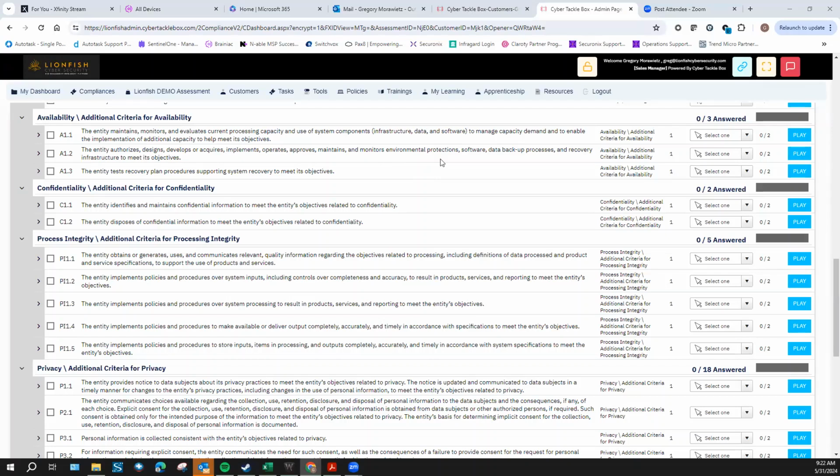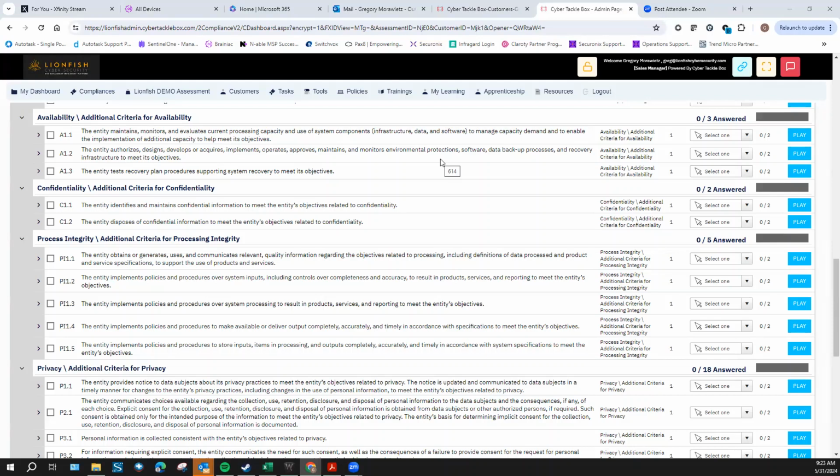The entity disposes of confidential information to meet the entity's objectives related to confidentiality. Again, you remove data by disposing of it, by destroying it, either through a shredding application or something similar to that, or you dispose of it in a certain way, depending on how your organization handles confidential data.